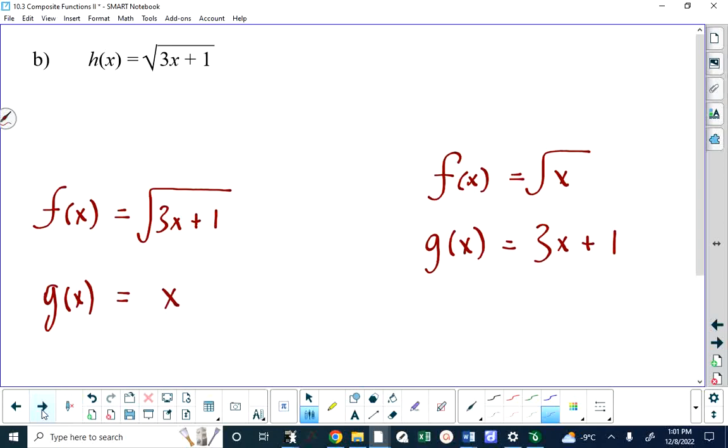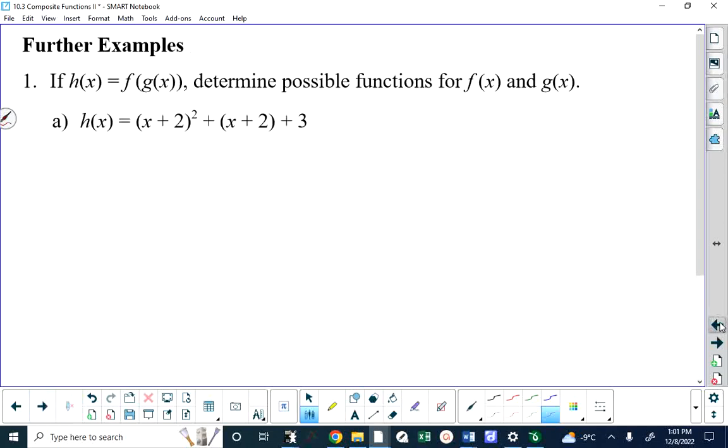No, it's not wrong. I think it's a cop-out, because no matter how complicated it is, you can do that, right? I mean, you could, over here, say f of x is (x + 2) squared plus x plus 2 plus 3.